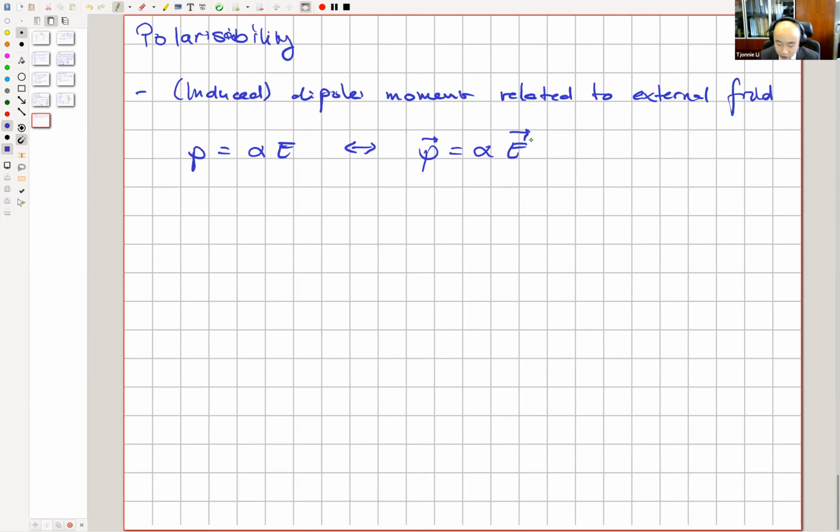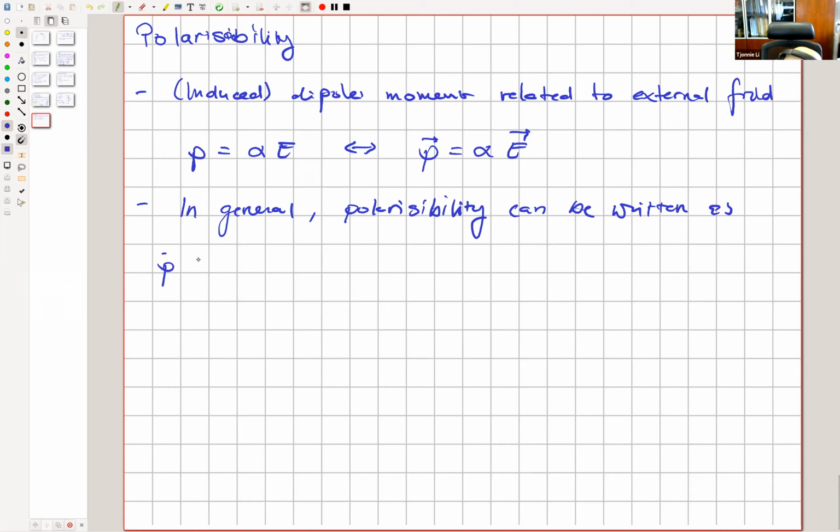But it doesn't actually need to be, because in general the polarizability can be written in the following form: P equals alpha E, where now alpha is a rank 2 tensor.